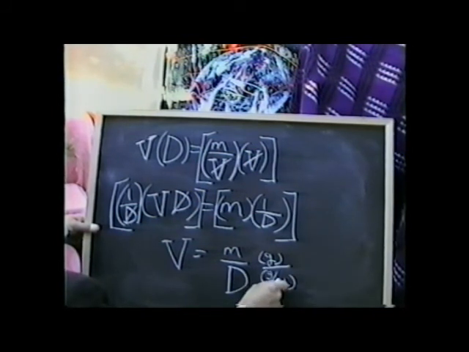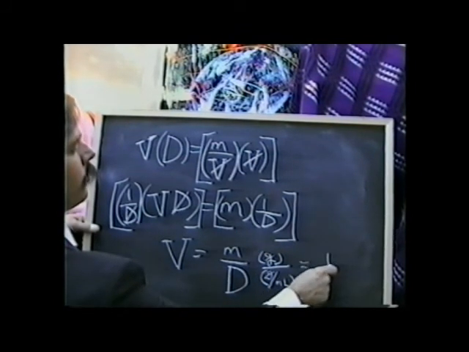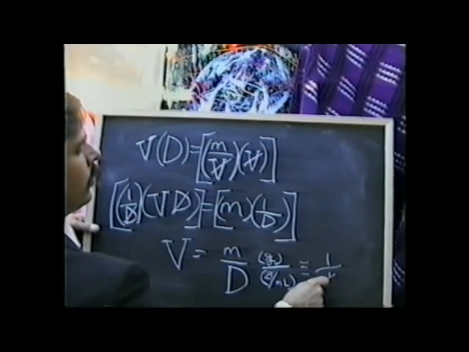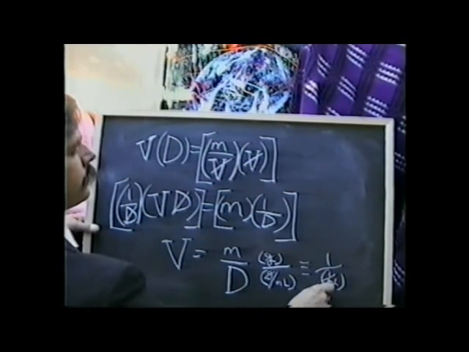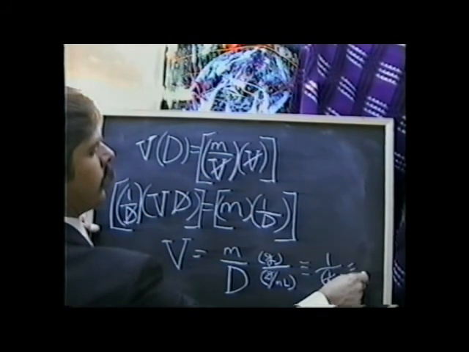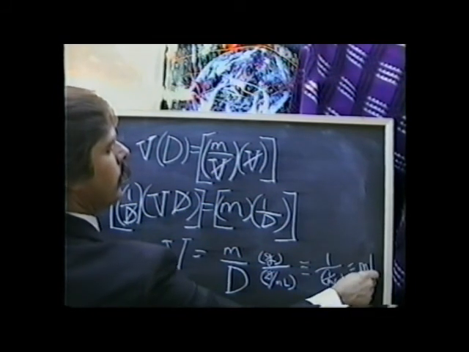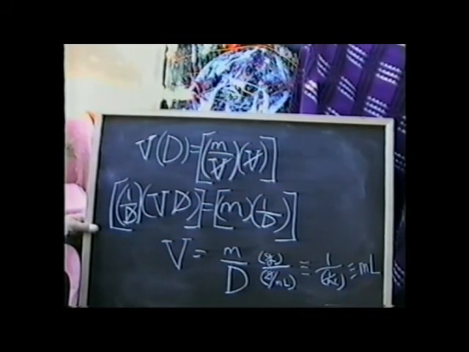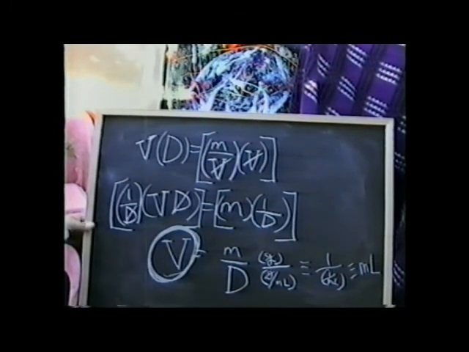What we'll see is the grams cancel, and this is the same as 1 over milliliter. This can be inverted and multiplied times 1 will equal milliliter.